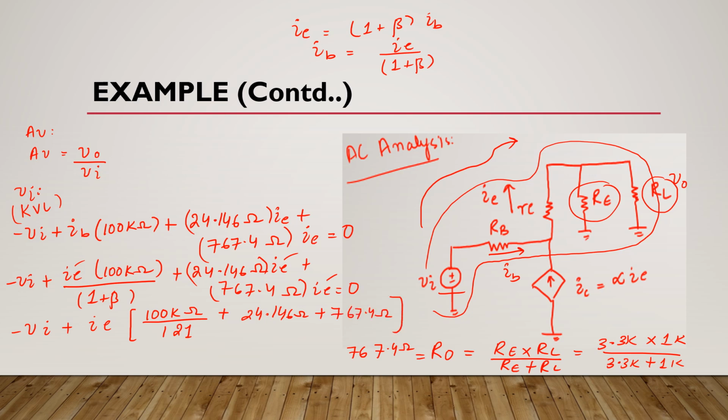Okay, so now after solving this, you will get VI is equal to 1618 IE. It means IE is equal to VI divided by 1618.